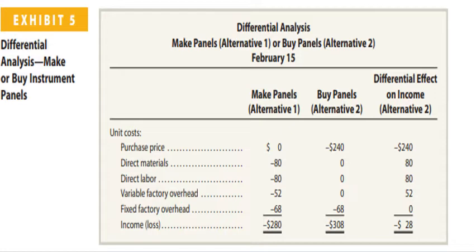For example, productive capacity used to make the instrument panel would not be available for other production. The decision may also affect the future relationship with the instrument panel supplier. For example, if the supplier provides other parts, the company's decision to make instrument panels might jeopardize the timely delivery of the other parts.